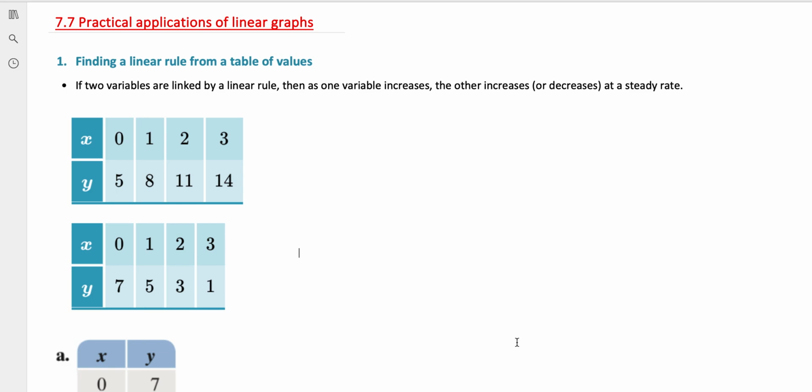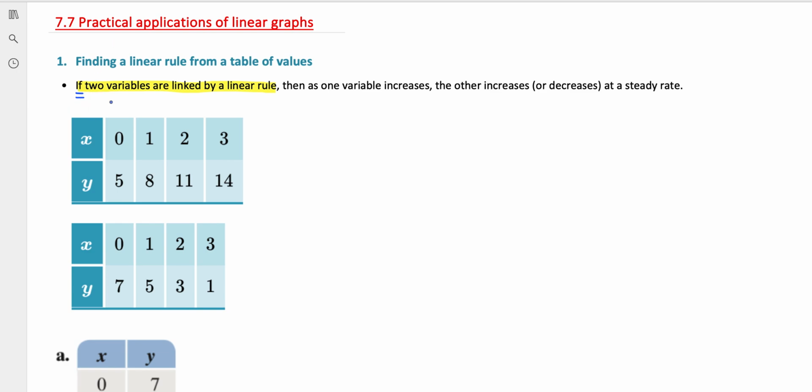So the first thing that we need to do, it says here, finding a linear rule from a table of values. It says, if two variables are linked in a linear rule, this is a condition. Not always, sometimes they are, sometimes they're not.